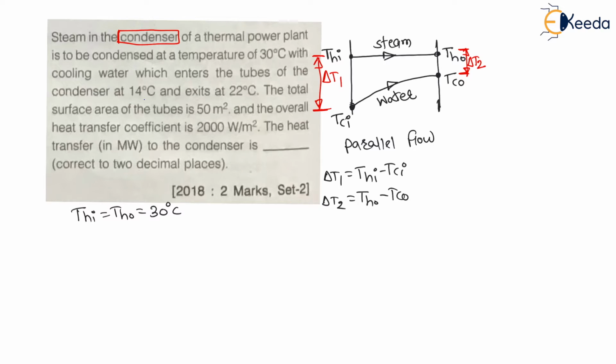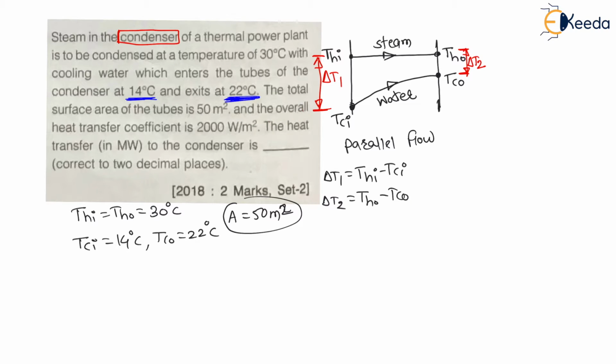Now that means it is an inlet temperature of cold fluid and exit temperature of cold fluid. Therefore, my dear students, here we can write TCI is equal to 14 degrees Celsius and TCO is equal to 22 degrees Celsius. Then the total surface area of the tubes is 50 meter square. Now here surface area is given, which is nothing but 50 meter square.